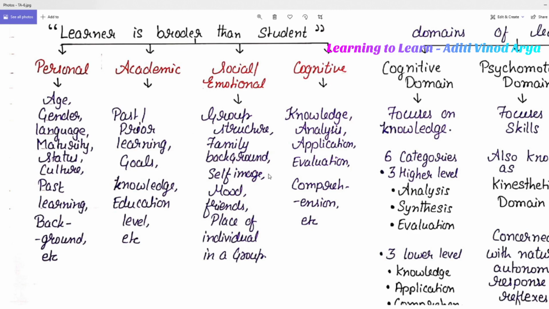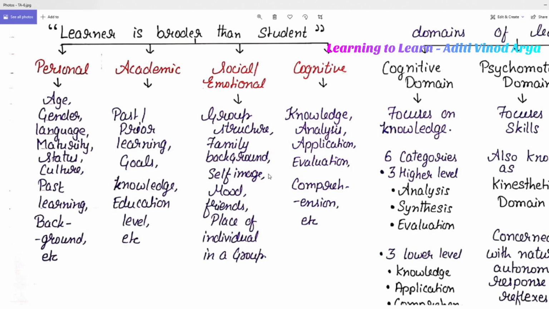So this includes your prior learning, goals, knowledge, education level, etc. Of course, if a student knows about accounts, if he knows how to maintain accounts, what is debit, what is credit, he can move further to understand balance sheet, to understand trial balance, etc. But suppose a student does not know what accounts are or how to maintain accounts, or exactly the ABCD of accounts, he'll not be able to understand the balance sheet preparation, the trial balance preparation, the profit and loss preparation. So that is the academic characteristic which a student needs to have for the further learning or the upcoming level of learning.